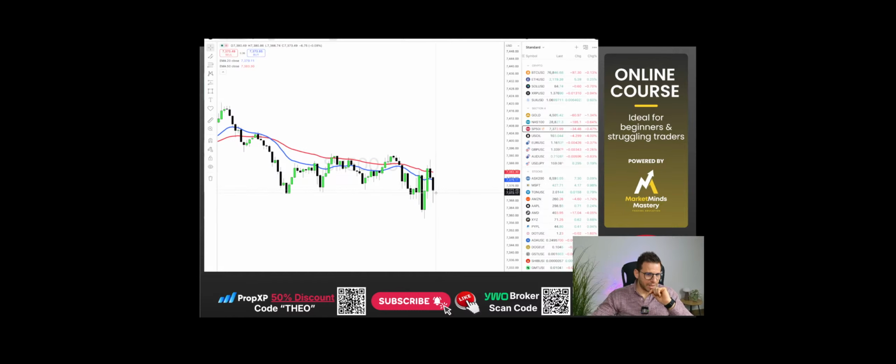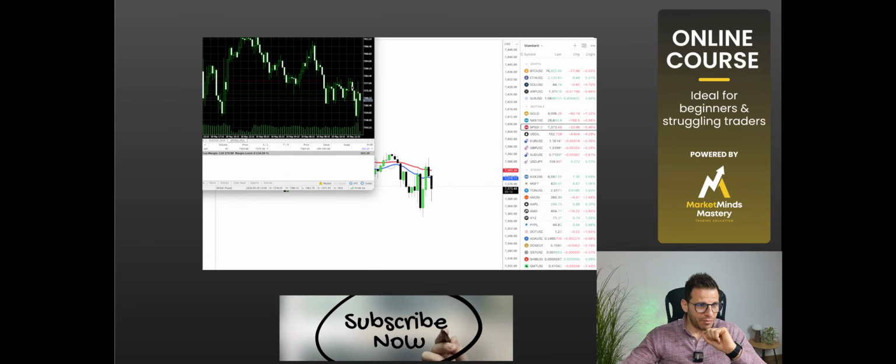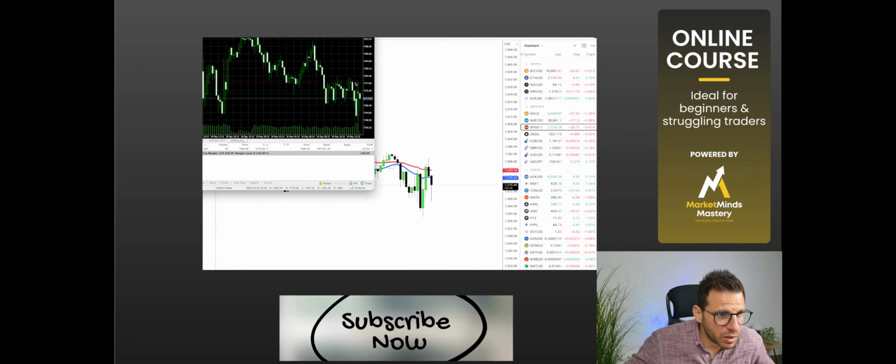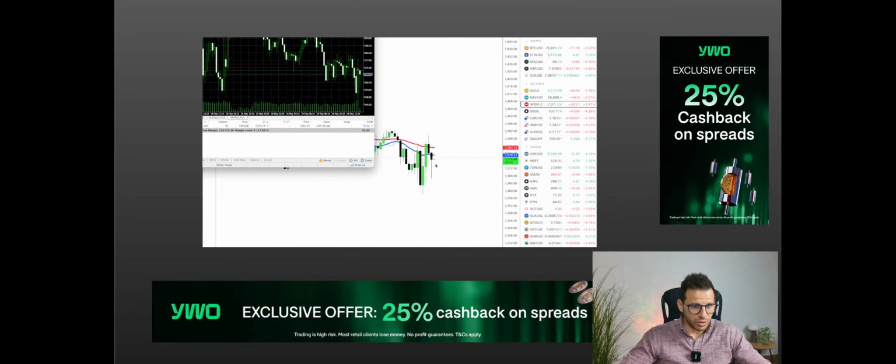Looks like the price finds it hard to break through this support, and maybe we're going to reverse. So I want to cover a little bit more. In case this goes against me, I'm going to lose only $200, which I'm fine with in this trade.